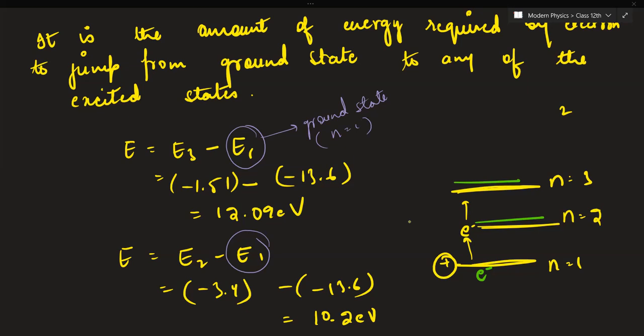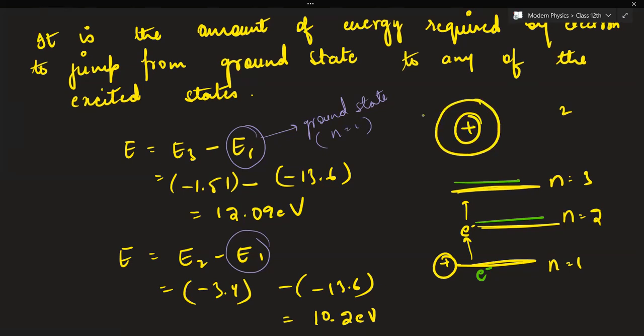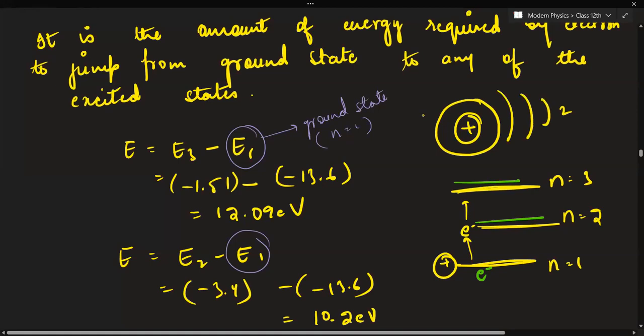N is equal to 1 means this is the nucleus. The first orbit is known as the ground state. So any other orbit that is present, the amount of energy is known as excitation energy, and the amount of potential is known as excitation potential.